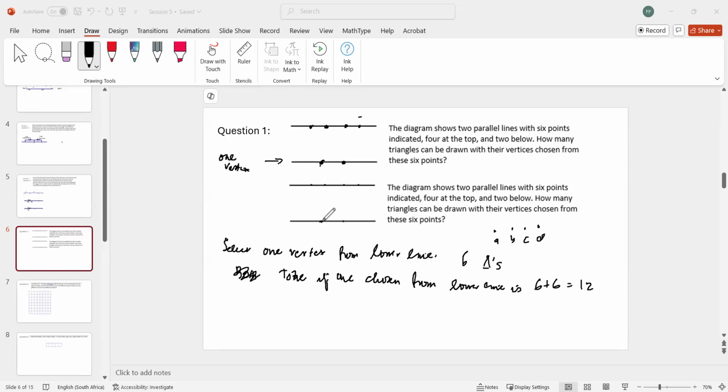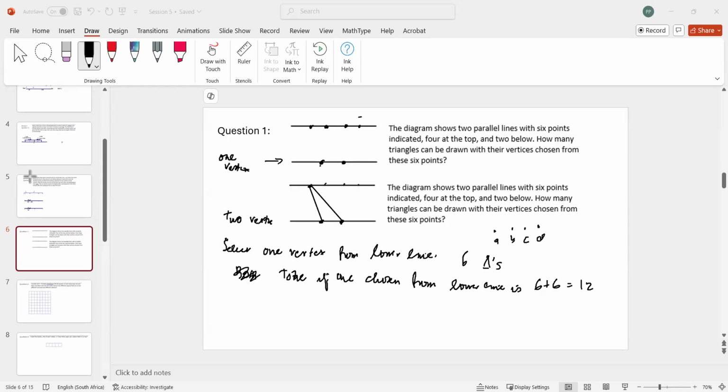But now the second case is where you choose 2 vertices from the lower line. But now you only need one more. So you can choose that one to get a triangle. Right? If you want to see what triangle it is, sometimes people want to see exactly what you're doing. It's that triangle there. Okay? Right, so that's one triangle. Then you can have that point as the third point, that point as the third point, that point as the third point.